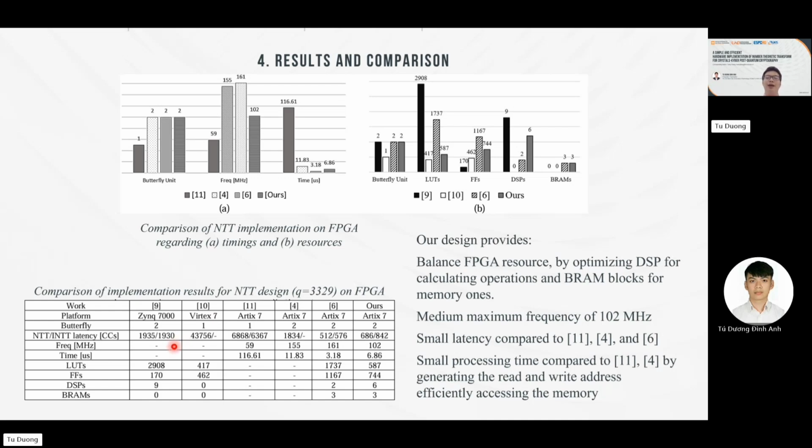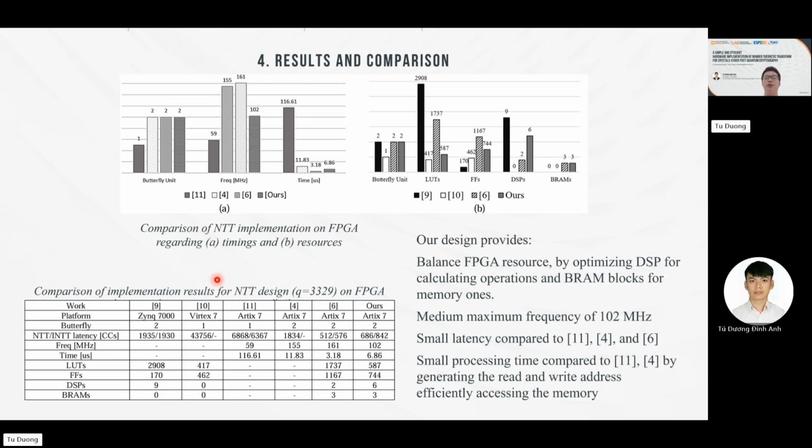So why do we have the small latency? That is because we use the address generator to generate the write and read addresses efficiently to access the memory.